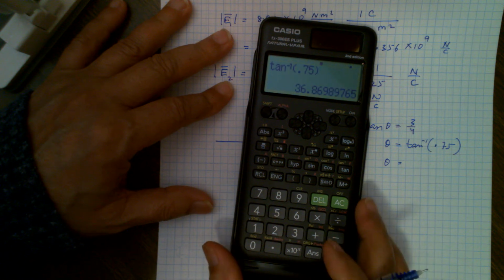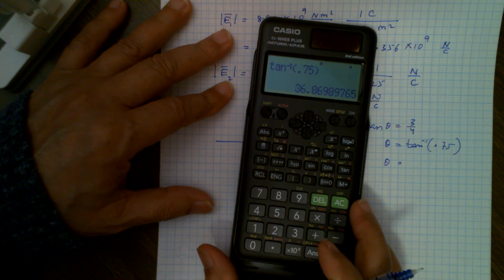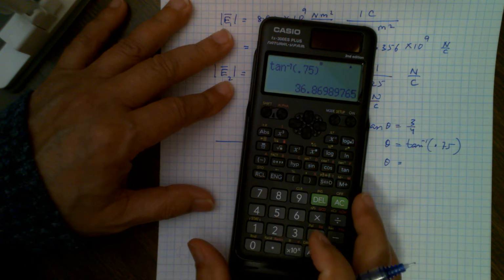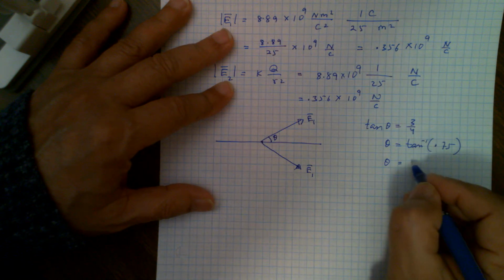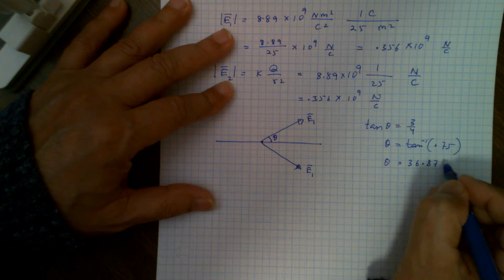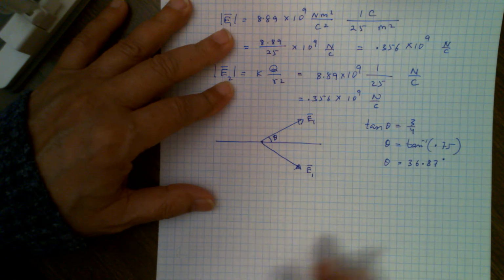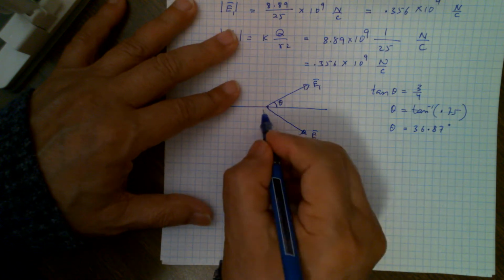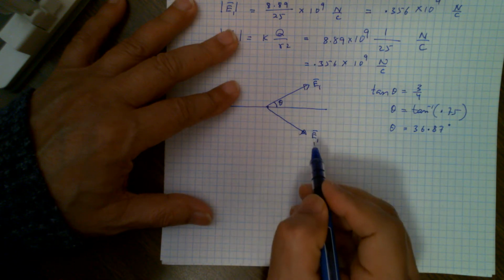That will give me 36.87, that's good enough. 36.87 degrees. Alright? So now I have to decompose E1 and E2.